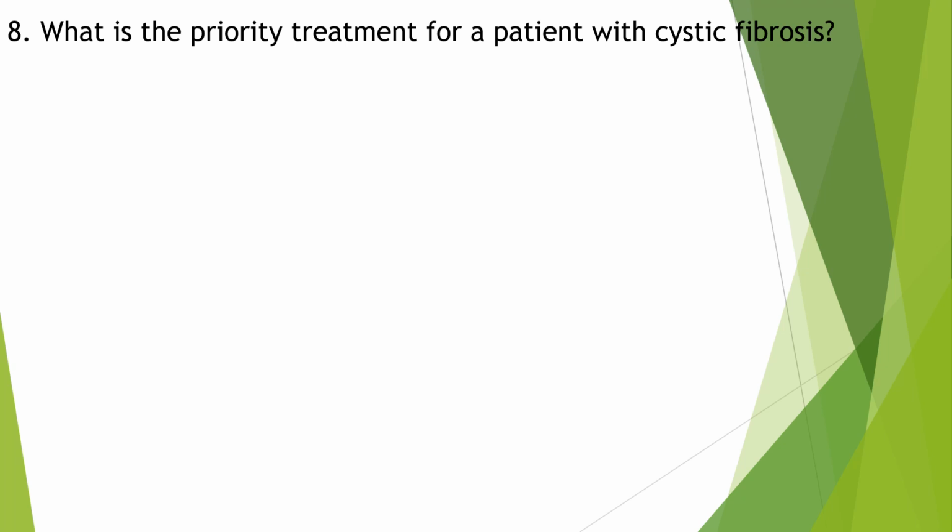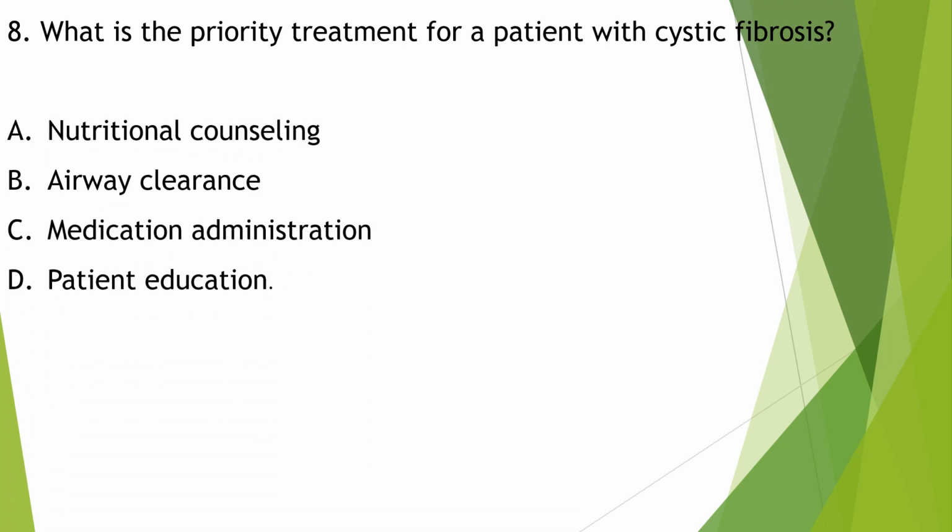What is the priority treatment for a patient with cystic fibrosis? Nutritional counseling, airway clearance, medication administration, patient education. So cystic fibrosis is a genetic disorder and it is a multi-system disease that produces an increased amount of thick mucus in the respiratory system, gastrointestinal system and the reproductive system.